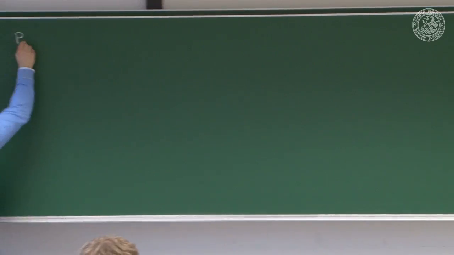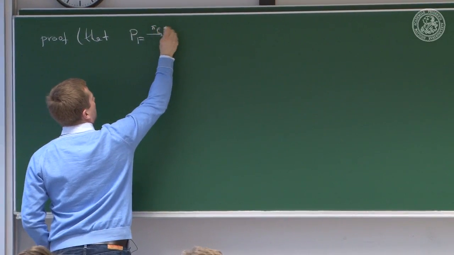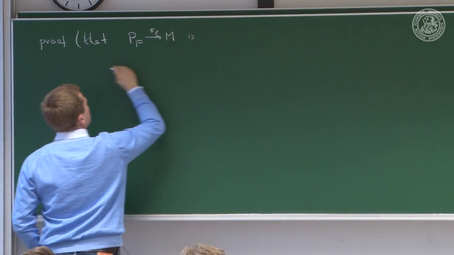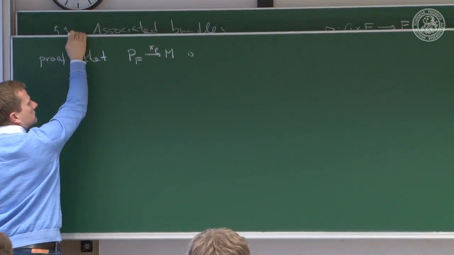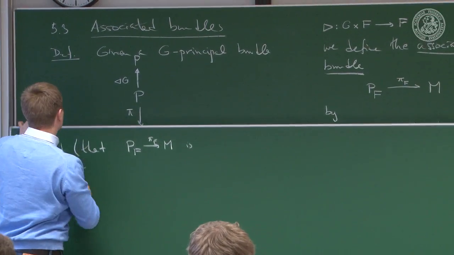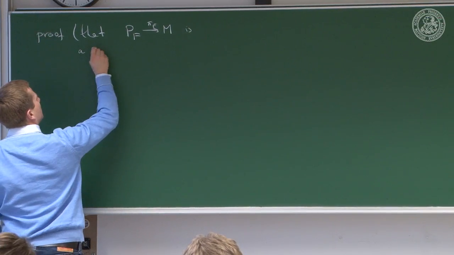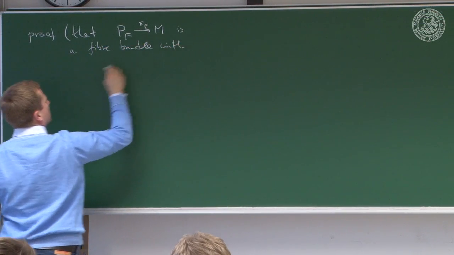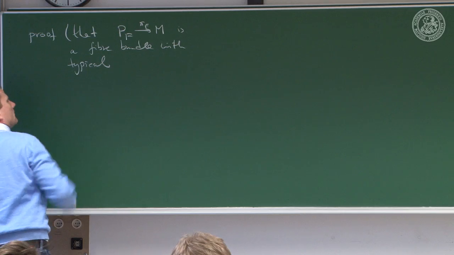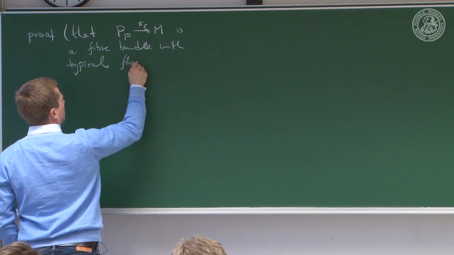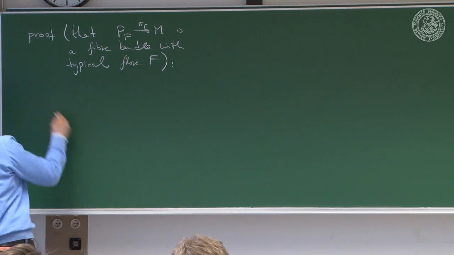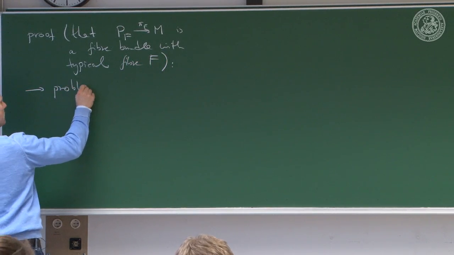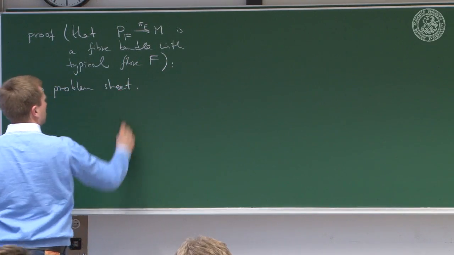So we have the proof, namely the proof that the such defined pi F from PF to M is a fiber bundle with typical fiber F, and that's going to be on the problem sheet. Okay.